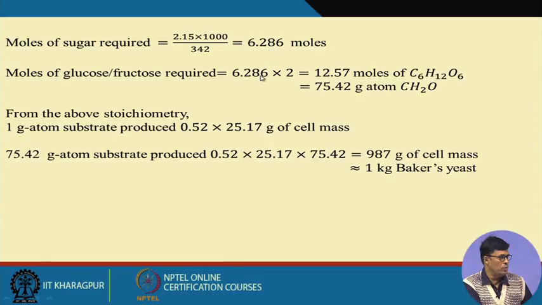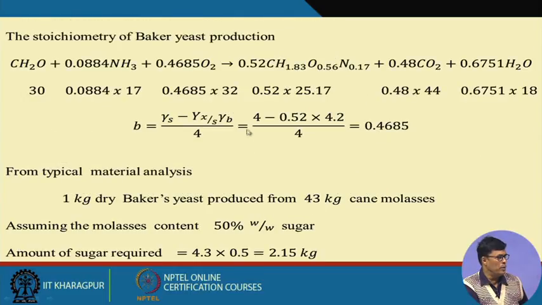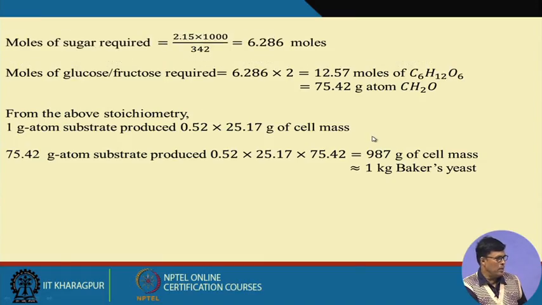Now, 6.28 moles of sugar can produce 2 moles of glucose, and then you multiply by this much glucose. Now, 1 mole of glucose contains 6 moles of CH2O, so you multiply by 6 and you will get the gram atoms. Now, in our stoichiometric equation, 1 gram atom of substrate produces 0.52 grams of cell mass. So how much cell mass do these gram atoms of substrate produce?